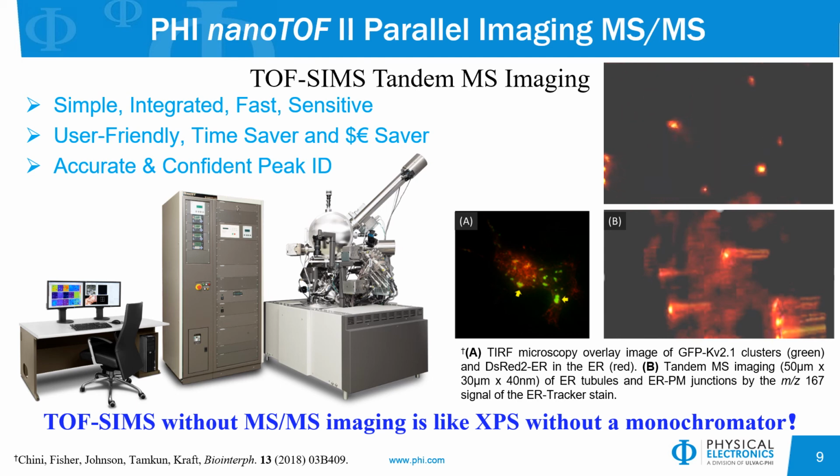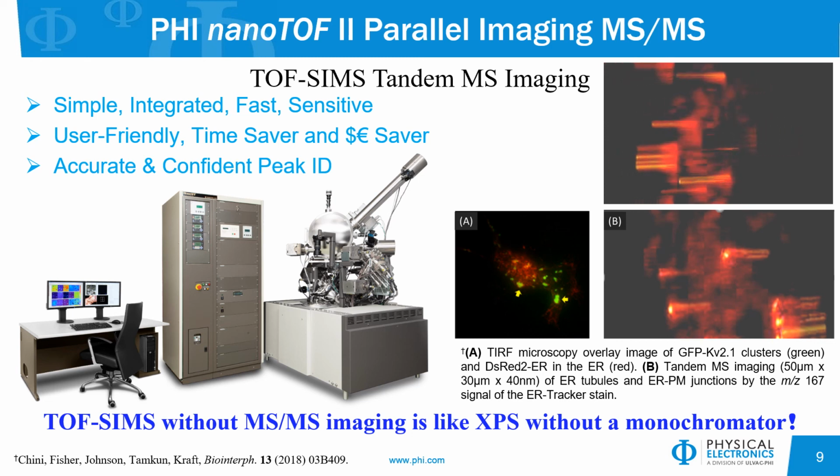And just to summarize then here, the parallel imaging MSMS capability is simple and highly integrated, which provides a quite user-friendly experience to arrive at accurate and confident peak identifications, which really for any 2D or 3D imaging application of TOF-SIMS just makes the peak identification not only possible, but really straightforward.